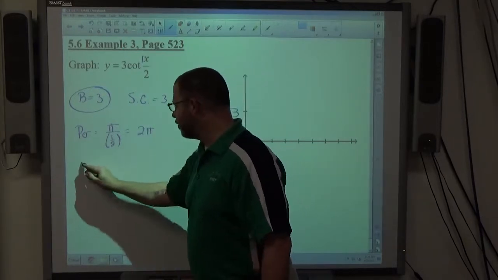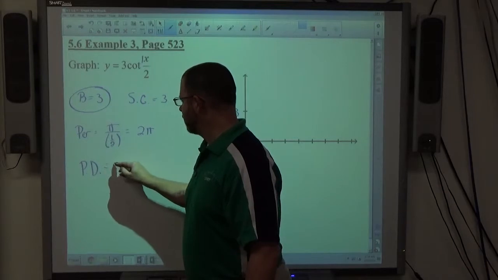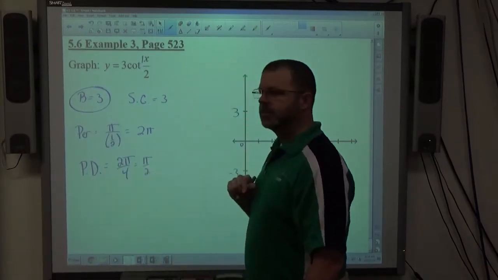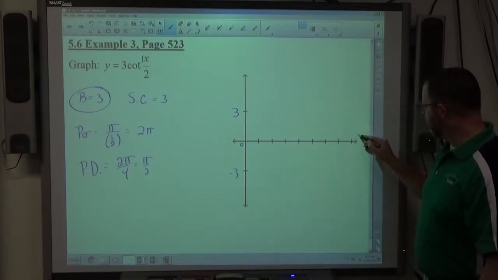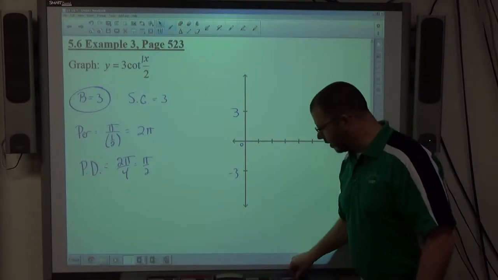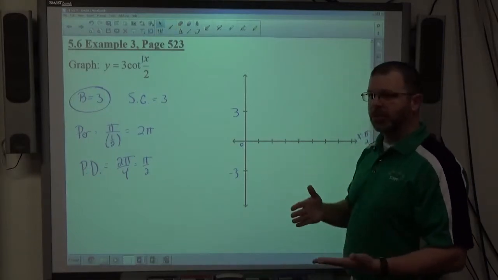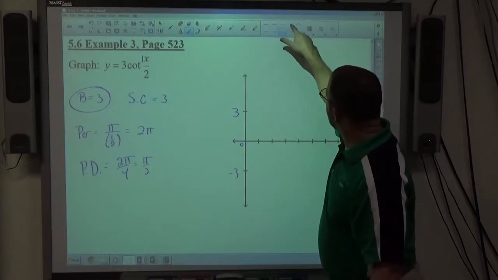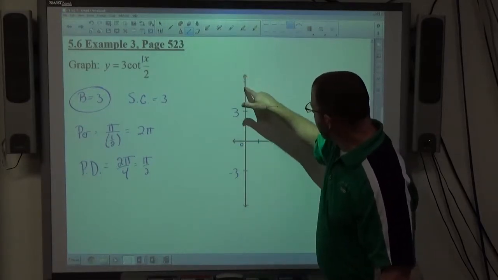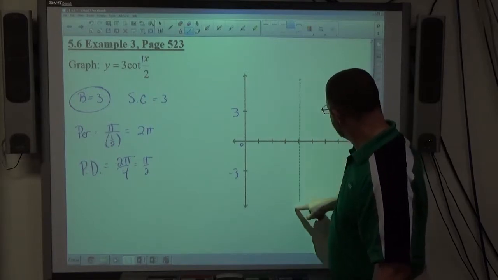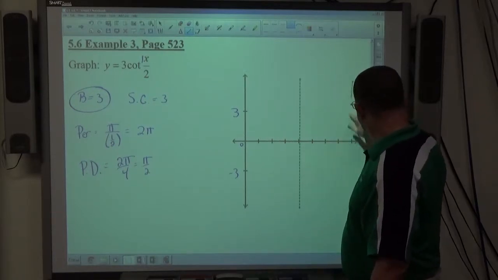So per dash is going to be 2 pi over 4, which is pi over 2 again. So if I come over here and put x at a pi over 2 scale, the difference again is where the asymptotes and zeros go; the plus b and minus b are the same. So according to this technique, I'm going to put an asymptote at 0, 1, 2, 3, 4, 5, 6, 7, 8.